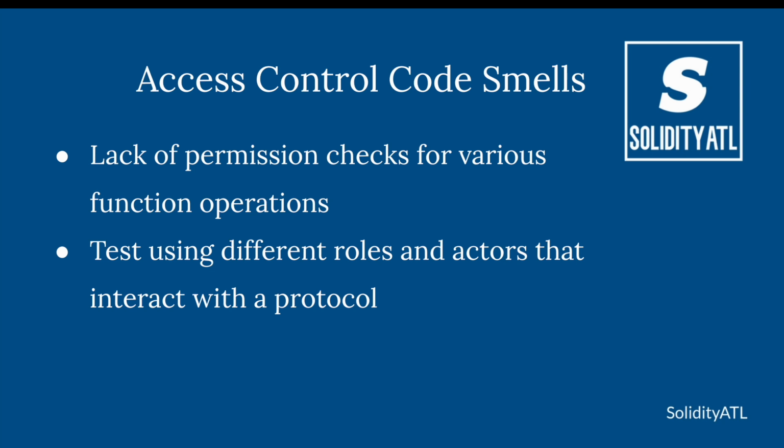You may have privileged functions and see that they only test the happy path, where if the developer or the privileged admin called this, it does what it's supposed to do, but they never test the situations where a non-privileged user calls a privileged function.